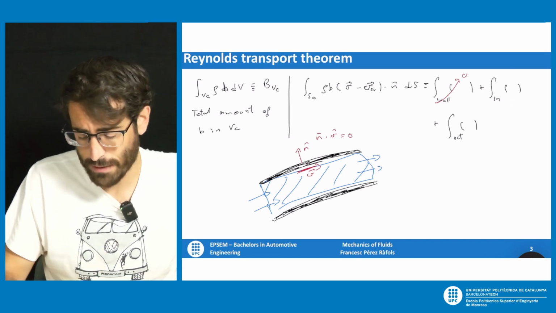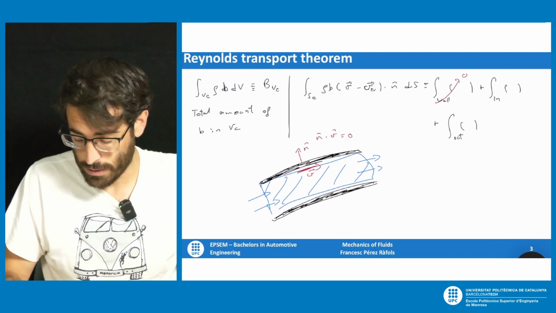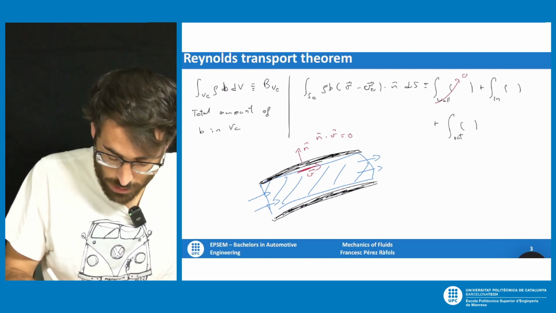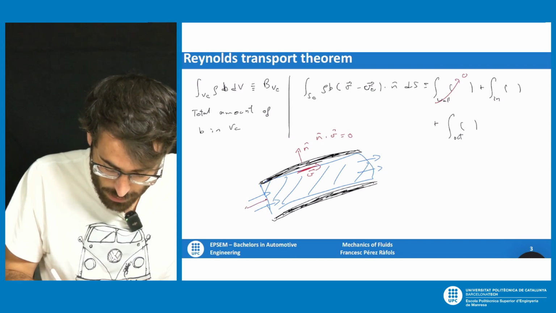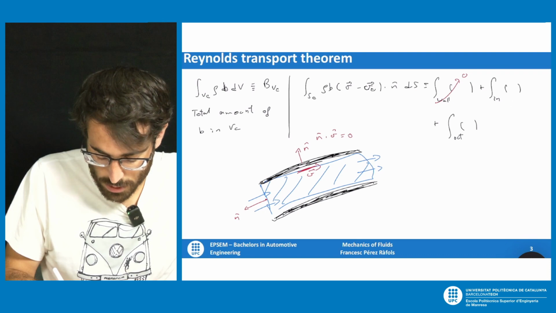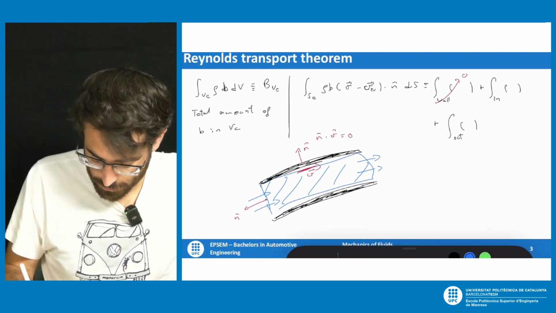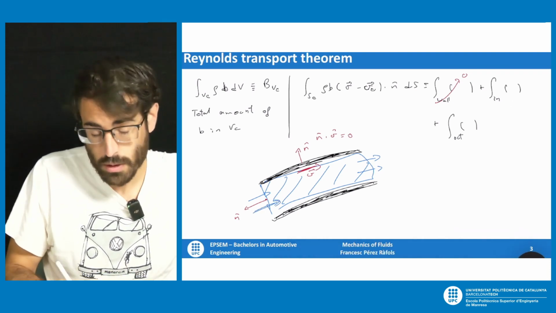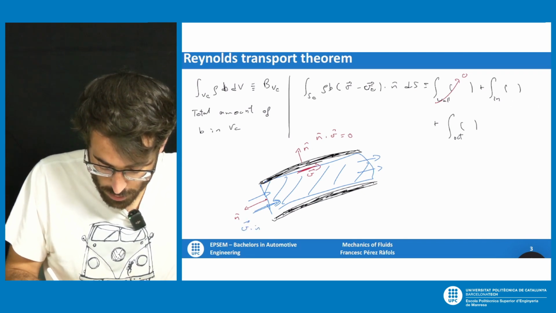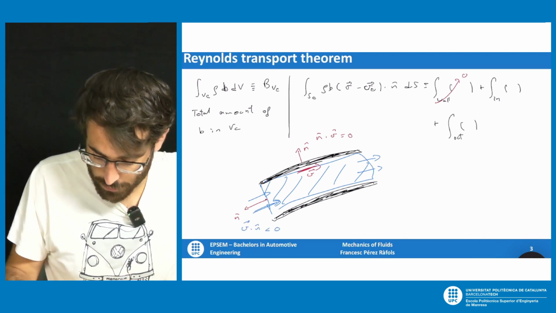So we're only going to have the inlet and the outlet. Then furthermore, if we look at the normal vector at the inlet, it's going to go in this direction. And you can see the velocity is going inwards. The normal is always pointing outwards. So this dot product is going to be negative.